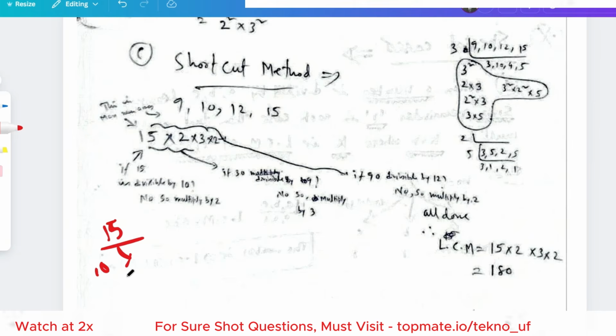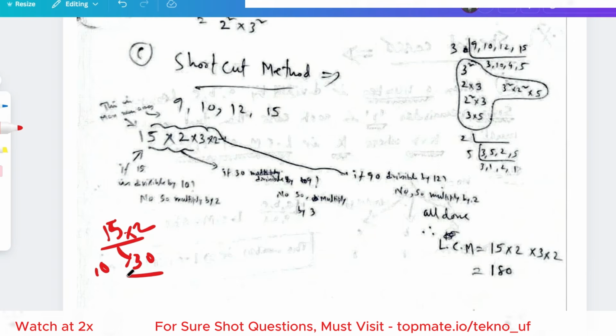Then multiply this 15 with such a number so that we can divide that number by 10. If we multiply this by 2, then we get 30, and this is divisible by 10, right? Then we have to check if 30 is divisible by 12.